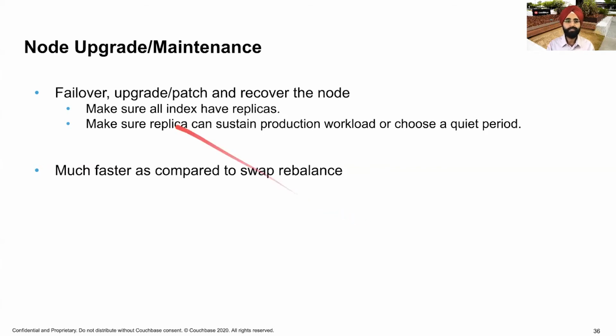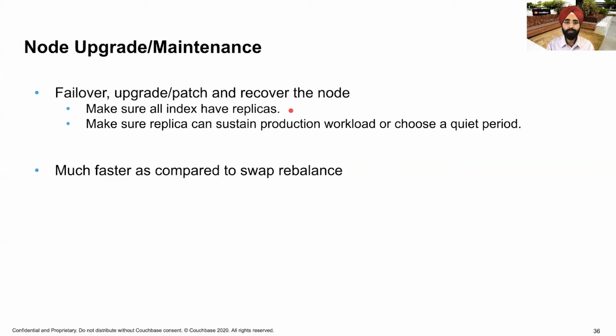So the idea is that the node is failed over, it is upgraded or patched or any other maintenance operation is performed, and then you just recover the node. On recovery, the node will come up and catch up to the data service very fast. So that's a quick way to do any node maintenance.